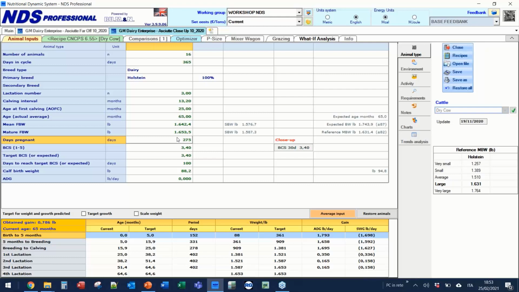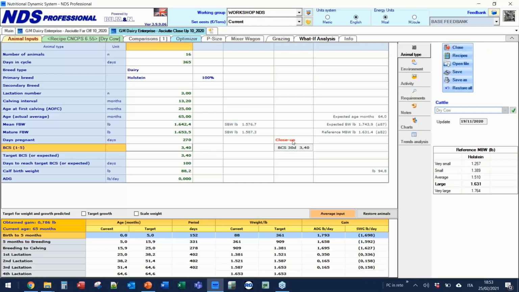You can see if I work with 245, the system does not recognize that we are in reality working with a close-up, while if you put, for example, 270, we are in the last 3 weeks of gestation, and the system recognizes that we are working in close-up.